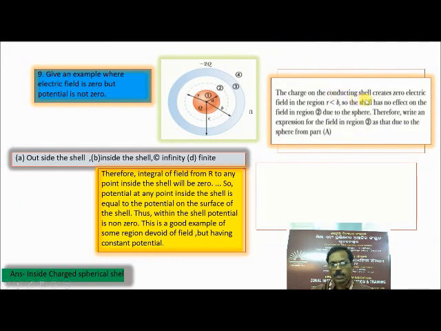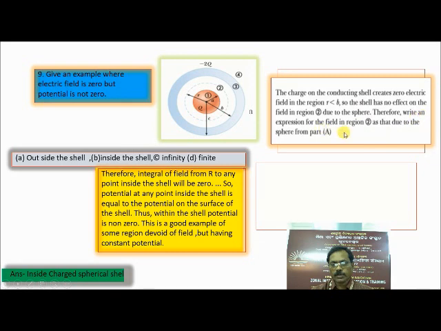The charge on the conducting shell creates zero electric field in the region R less than B. So here, R less than B, what happened? That zero electric field will be there. So the shell has no effect on the field in the second region due to the sphere.